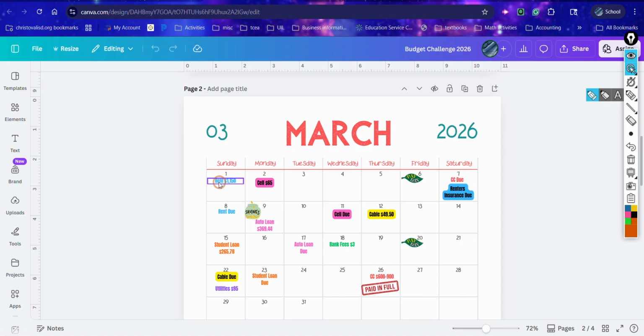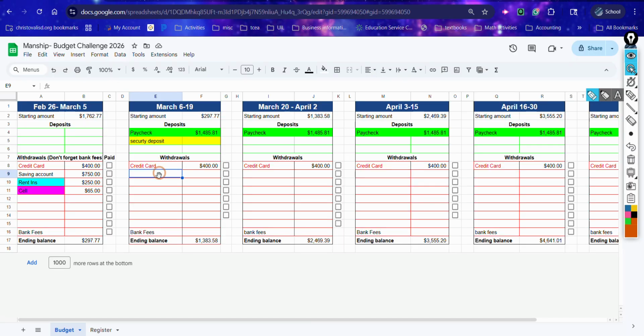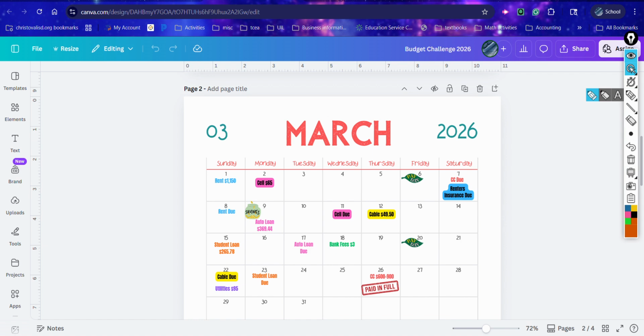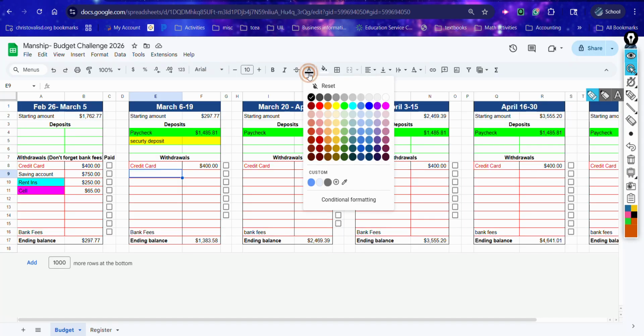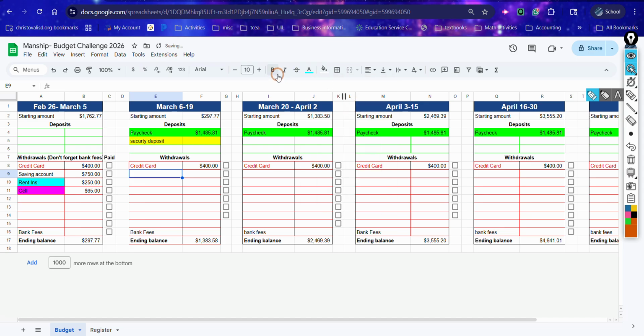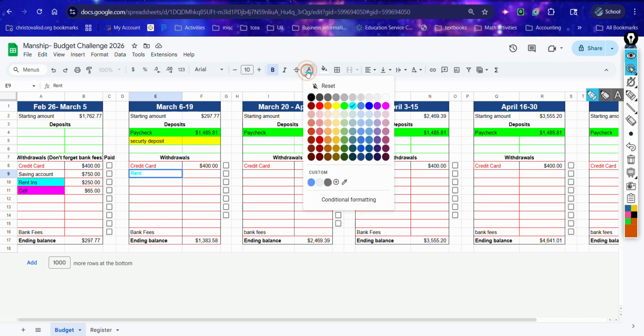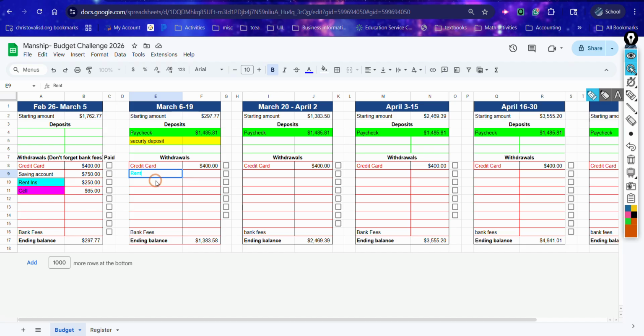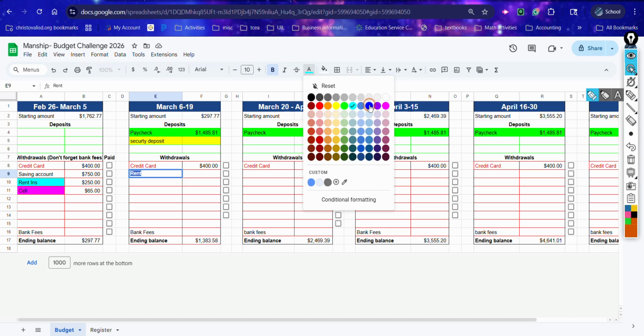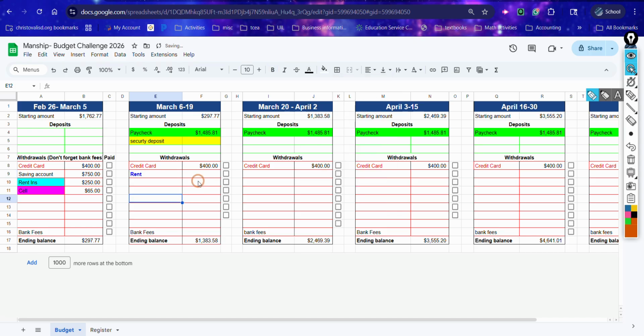Well, I still haven't paid my rent, so that's my first priority. So I'm going to go ahead and get rent covered. And I chose blue for my color, so I'm changing my text to blue and rent. Okay.